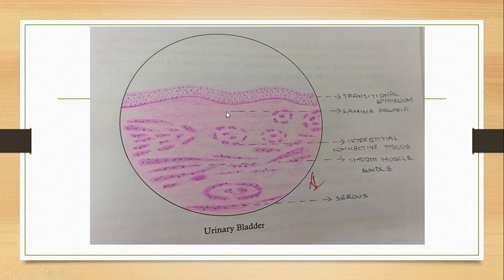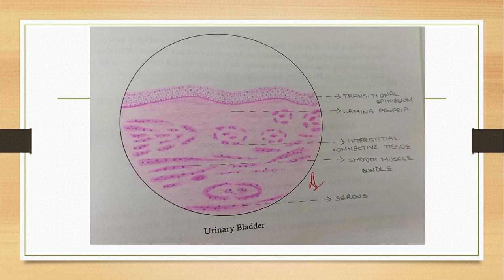Outer to that there is the muscular coat of the urinary bladder, formed with smooth muscle arranged in three layers: interlacing muscular bundles, inner longitudinal, outer longitudinal and intermediate circular bundles of smooth muscle, which can be seen passing in all directions. The outermost layer is the adventitia or serous layer, the same as in the ureter.